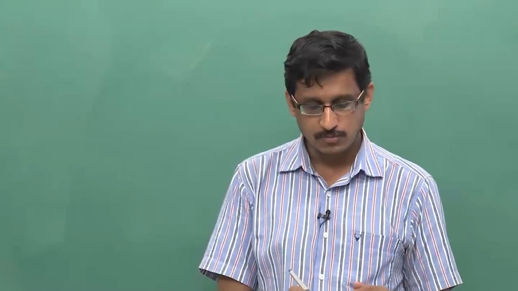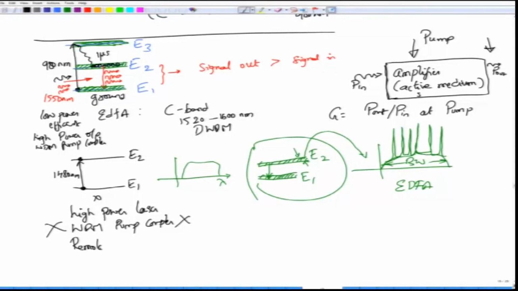Most importantly, this can be remotely located. You can put this 1480 nanometer pump at the transmitter side, and the pump co-propagates along with the signal.